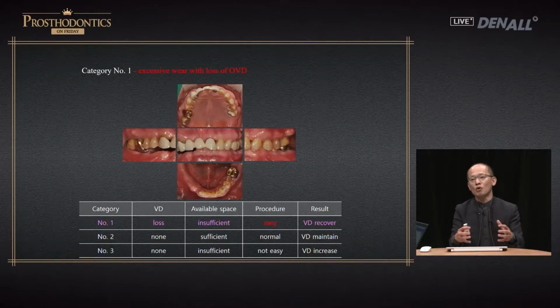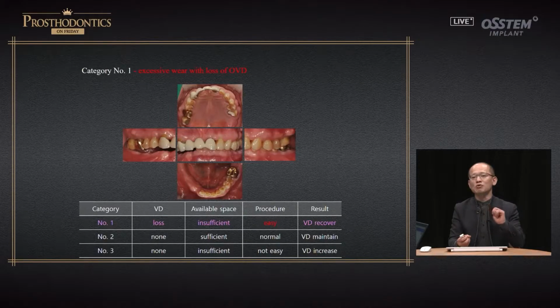And you have to think about the space, whether it's available. So the category here is not important. There's loss on the posterior, and then you have to increase VD. Then mechanically, the muscles are already compliant.